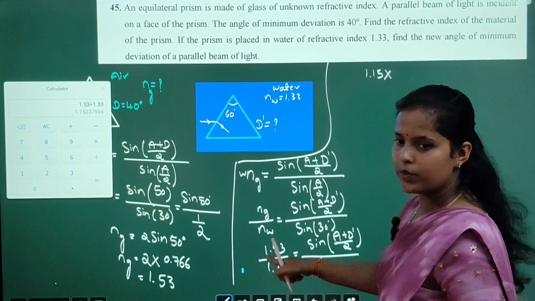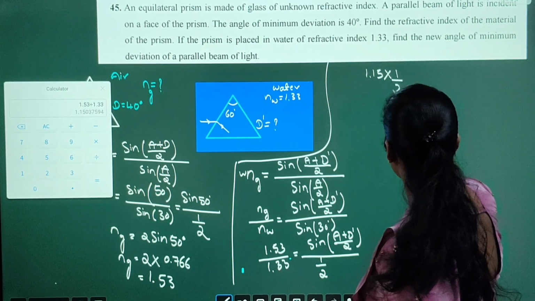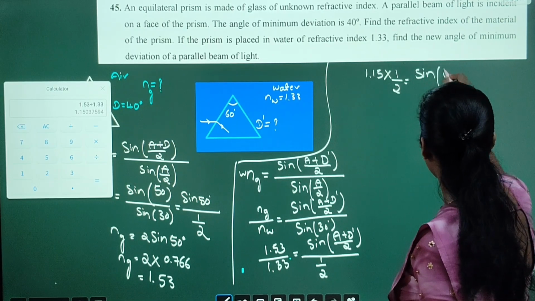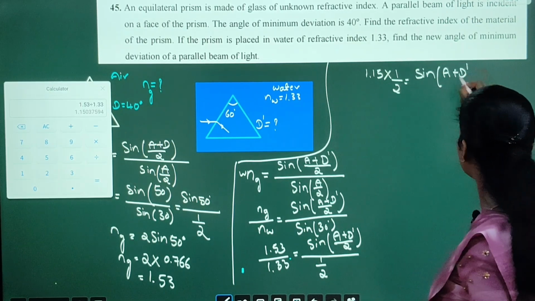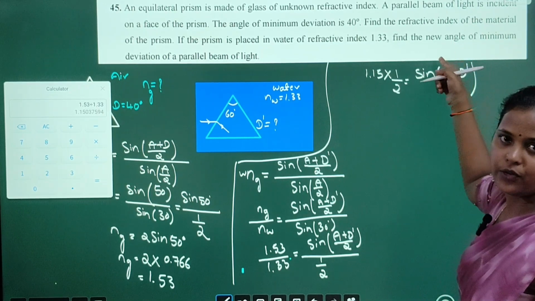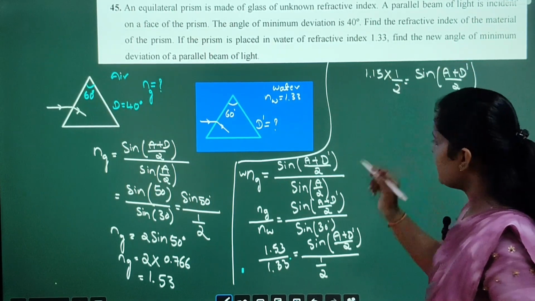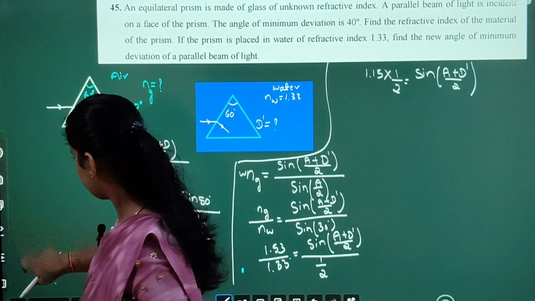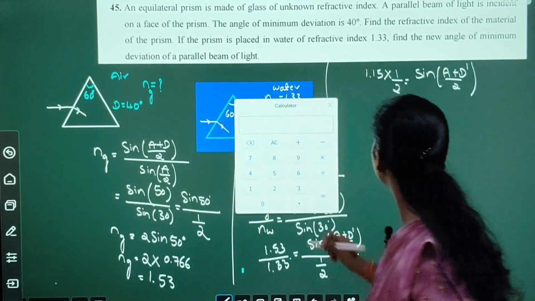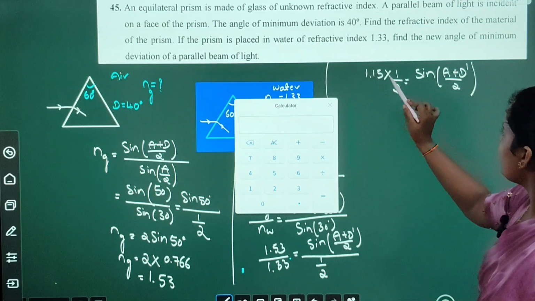Just do the cross multiplication here. 1 by 2 is equal to sine (A plus D dash) upon 2. What we have to find out here? D dash. Yes, let's do the multiplication. 1.15 upon 2.